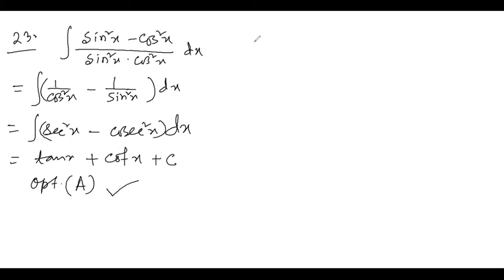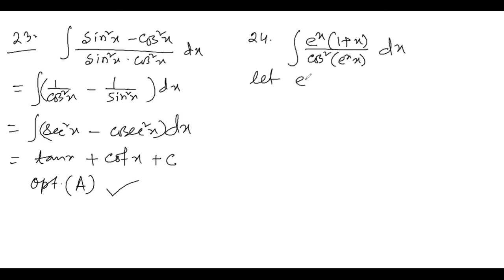Next, 24. Integration of e to the power x into (1 plus x) by cos square of (e to the power x into x) dx. So let e to the power x into x equal t here. You consider t, z, whatever you feel. Now you differentiate it.